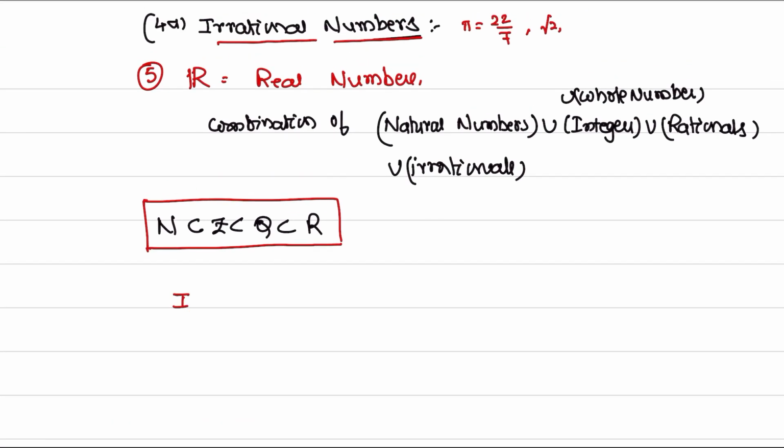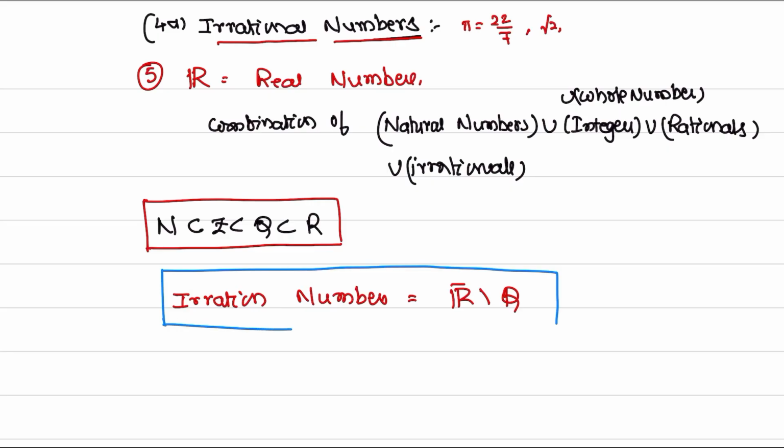Irrational numbers is equal to real number set minus rational number set. If you exclude the set of rational numbers from real numbers, you will get the irrational numbers. This symbol is excluding, that slash.